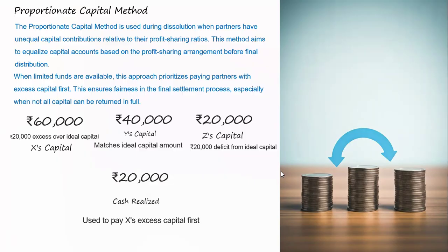In any case, there is a dissolution of the entire partnership firm. There are two methods that can be applied to share the losses made by the partners in case of realization of assets. The two commonly applied methods are the proportionate capital method or the maximum loss method.